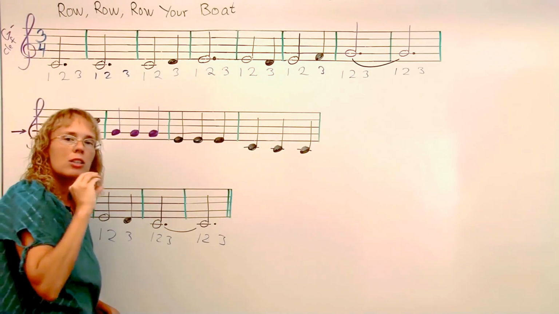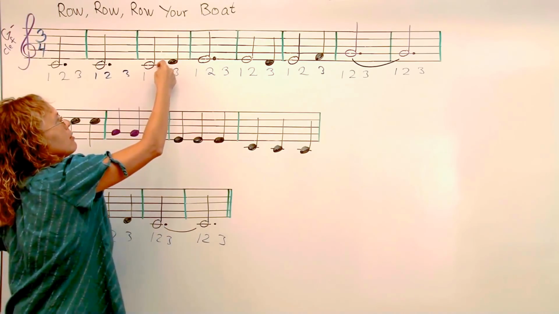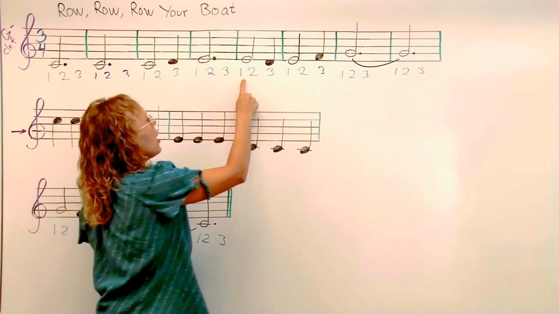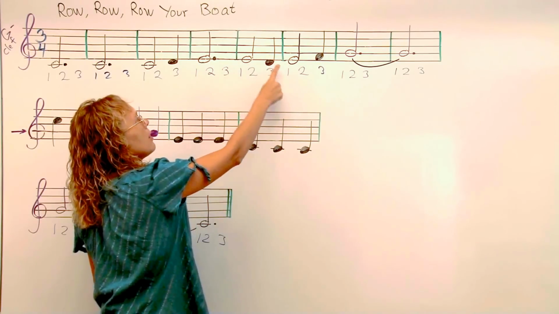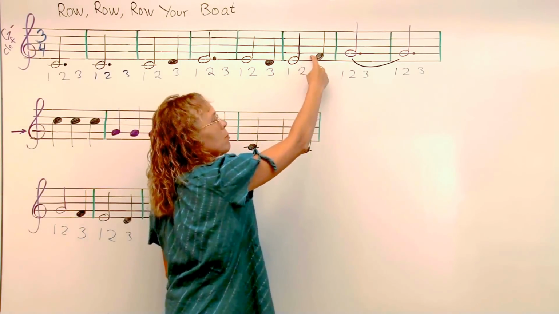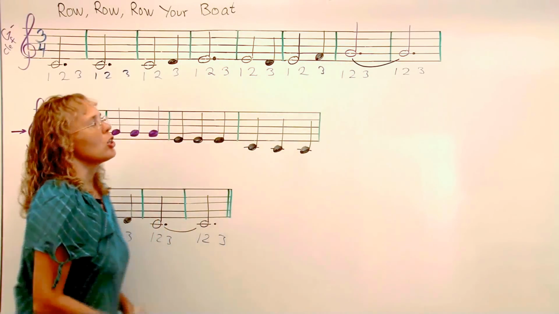It would be a space note, we say, because it would be in between two lines. Gently, here's E again, D, it goes down a step, back to E, then up a step to F, and another step up to G, our landmark note.